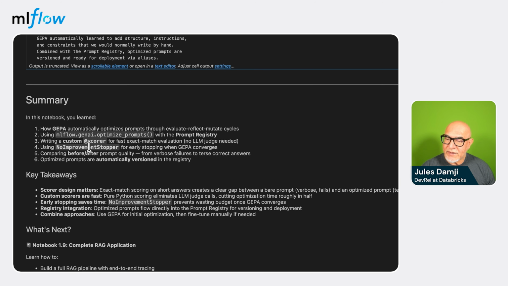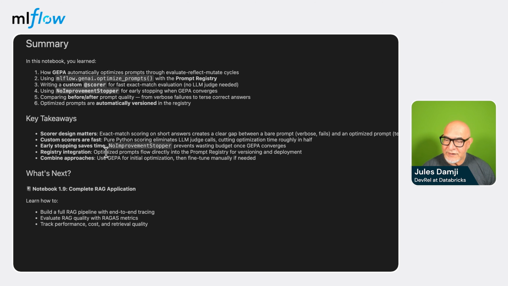In this case, we used a customized scorer function to do the exact match between what was written by the LLM and what we were expecting. And then we implemented what we call a no-improvement stopper strategy, which is like early stopping. So if my convergence is not changing with the number of iterations, then I want to do some early stopping. And then we did the comparison to see how the quality improved from the baseline to the optimized version, and we saw a 90% improvement.